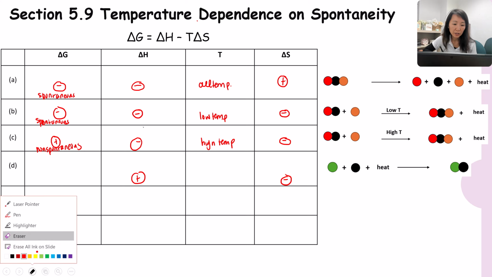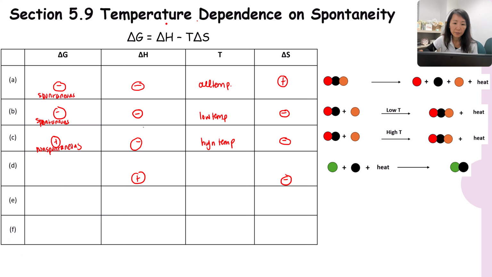Delta H is going to be positive. This portion, since this is a negative value, is also going to be positive. So at all temperatures, the value of delta G will be positive, and therefore it'll be non-spontaneous.